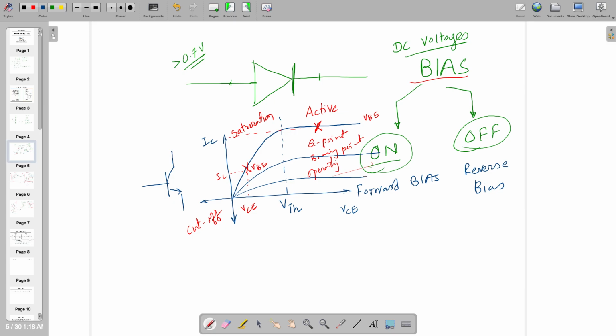There might be many curves depending on what value of VBE you are taking. As VBE is increasing, this curve is also changing. But if VBE is less than 0.7, you are in cutoff. Right? So there are two different points. If you are in saturation, you want to use this transistor as a switch.